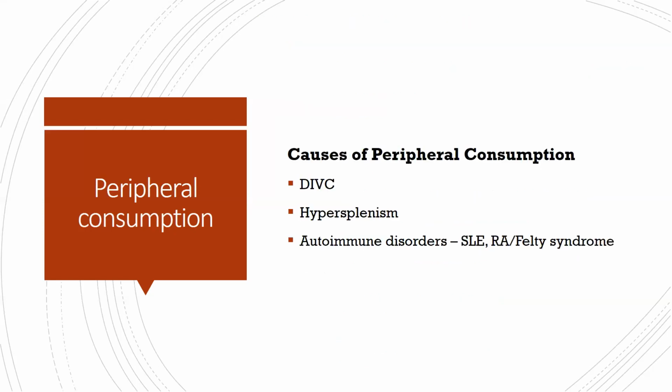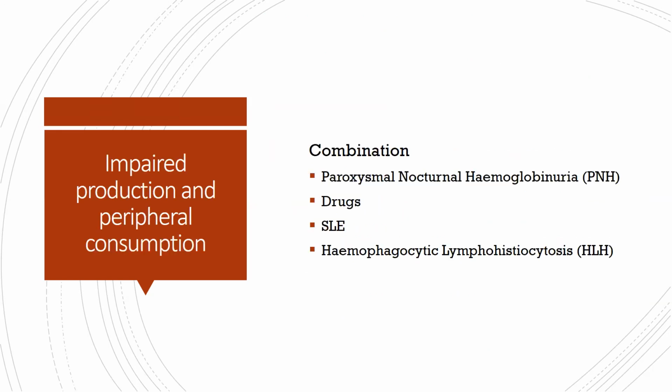So causes of peripheral consumption might include DIVC, hypersplenism, as well as any autoimmune disorders such as SLE, RA or Felty syndrome. So in this case, the production is actually not impaired. It's just that there's some peripheral consumption by the hypersplenism or DIVC that causes the pancytopenia. The bone marrow itself is actually intact and doing fine.